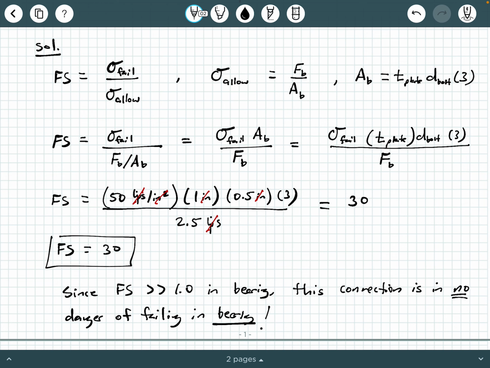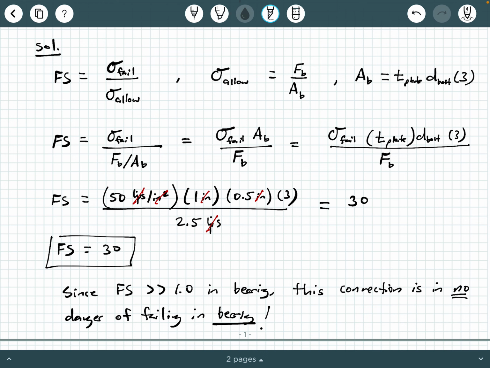Now, I want to end this video with just a little disclaimer. This particular problem is really just for illustrative purposes in helping explain the concept of factor of safety and allowable stress. This is not really necessarily a practical structural engineering bolt bearing connection process. So this is more meant for the sake of mechanics of materials and introducing the concept of a factor of safety and the concept of allowable stress.